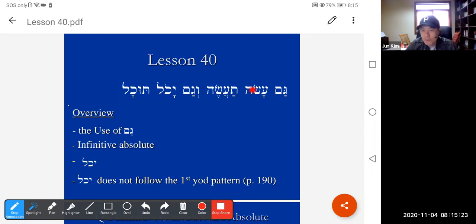The dot above the sin has a double function: it is the sin dot and the Holem dot at the same time. When these two dots come together, one dot is enough. So Qamets under the first root letter, and Holem above the second root letter. Generally speaking, with the infinitive absolute the word normally comes twice. As you can see, asa again.